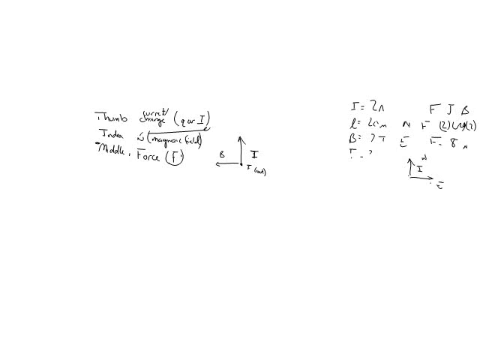I. This is B. So that means that it's the other way. I, B, F. So this is into the board. Usually like an X or something. In. So F is into the board. I cannot believe I didn't catch that earlier today. All right, so this would be down. I don't know why I put east west earlier.